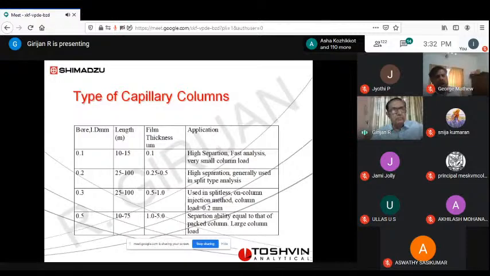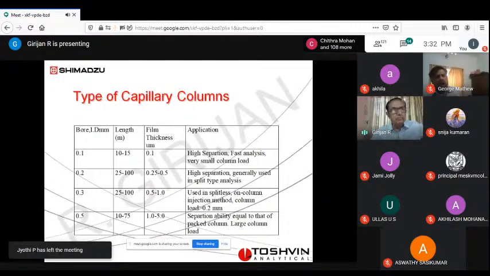And if the internal diameter is 0.53 mm, it is known as a wide bore capillary column. So you have 3 different types of capillary columns available: microbore, narrow bore, and wide bore. You have to decide which is the column you have to use for your sample.